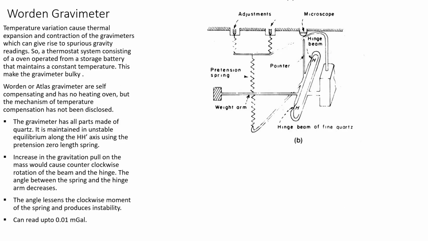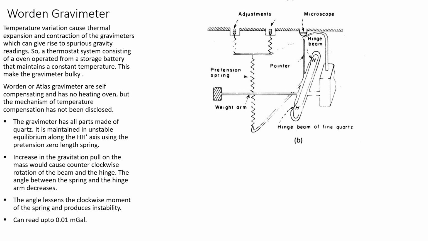The elements of unstable gravimeters are susceptible to temperature changes. Under normal room conditions, the temperature fluctuations are large enough to generate expansion and contraction of the gravimeter elements, and this expansion and contraction is large enough to give rise to spurious gravity readings.